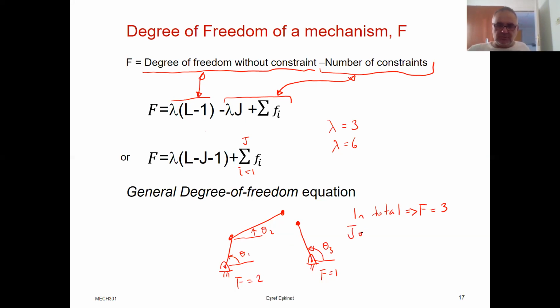So if the joint is connected, then F becomes 3 minus 2, which is 1, which means that the degree of freedom of a 4-bar mechanism will be 1. I hope that is clear. This is understood.